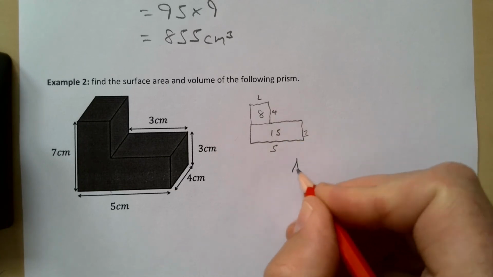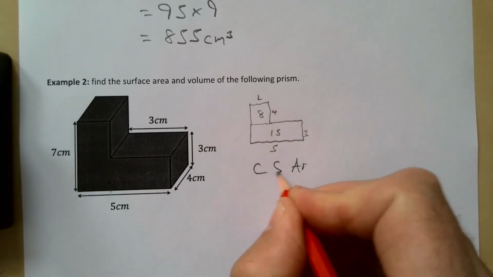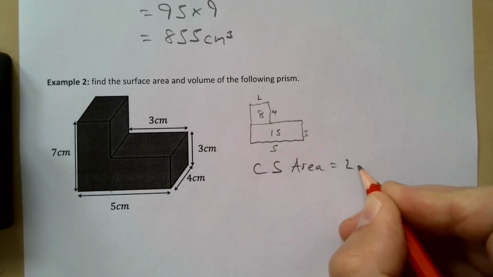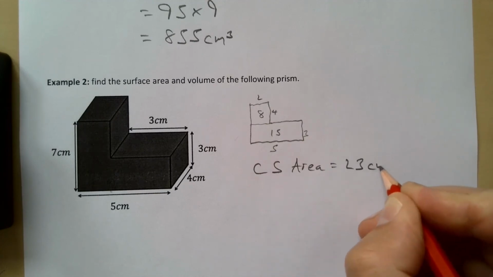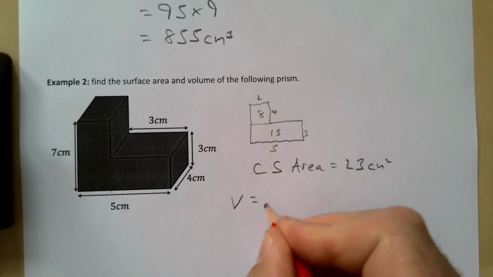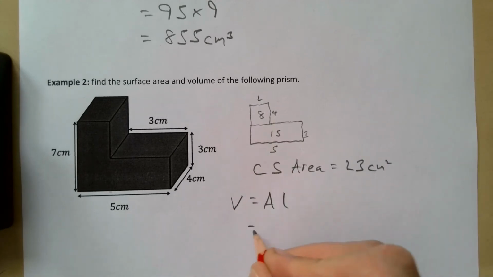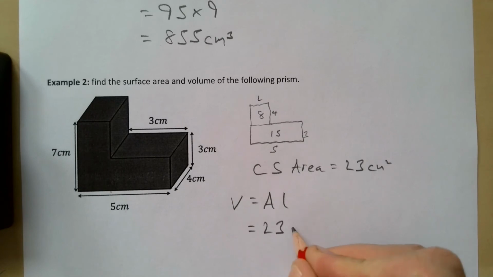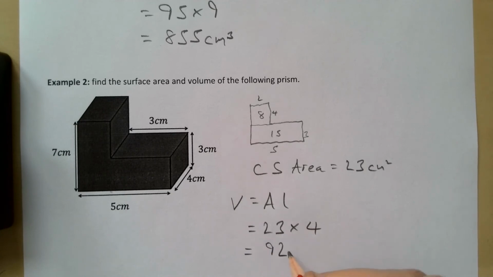So cross-sectional area is 23 centimeters squared times by length. Volume equals AL. Volume is 23 times by 4. And 23 times 4 gives me 92 centimeters cubed.